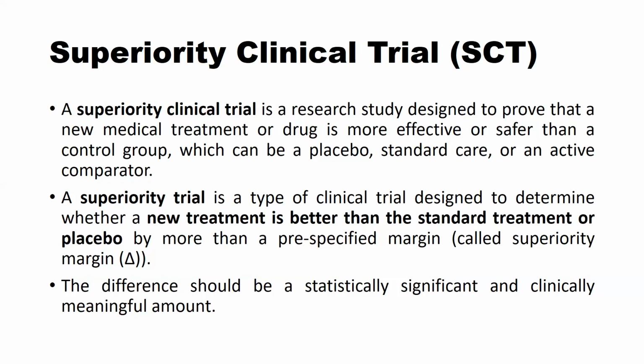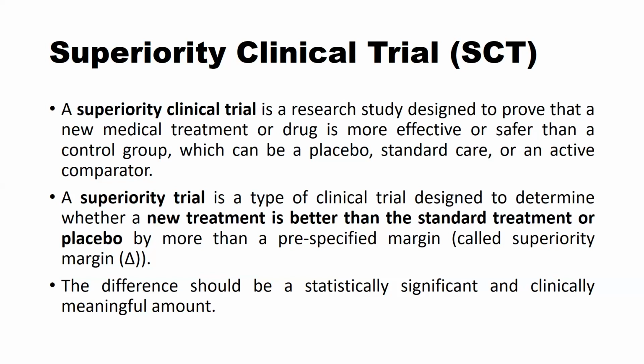Drug B is 80% effective to treat a disease, and drug A is suppose 90% effective.